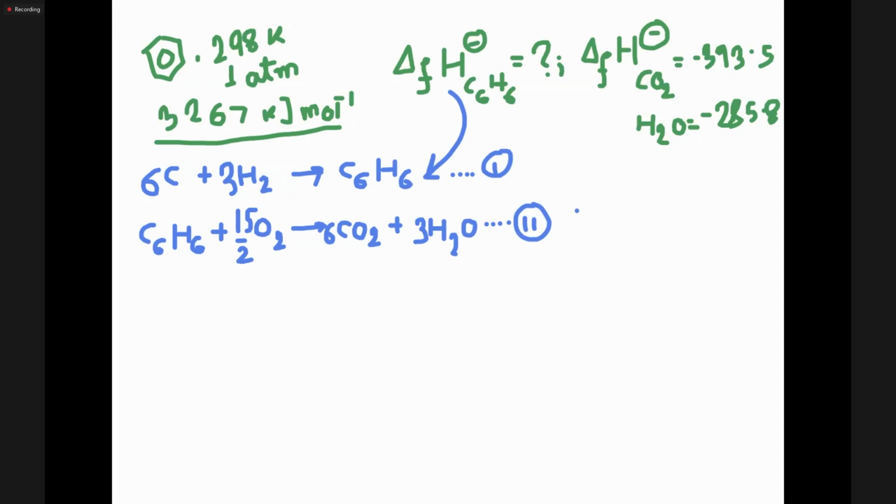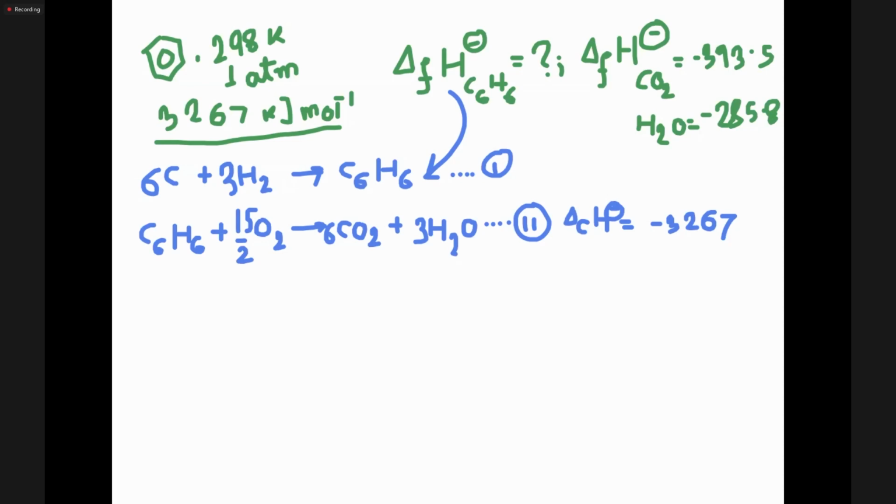For this combustion reaction, the delta cH° is given as minus 3267 kilojoule per mole. So minus 3267 kilojoule per mole is the energy that is released from the combustion of benzene in excess oxygen.